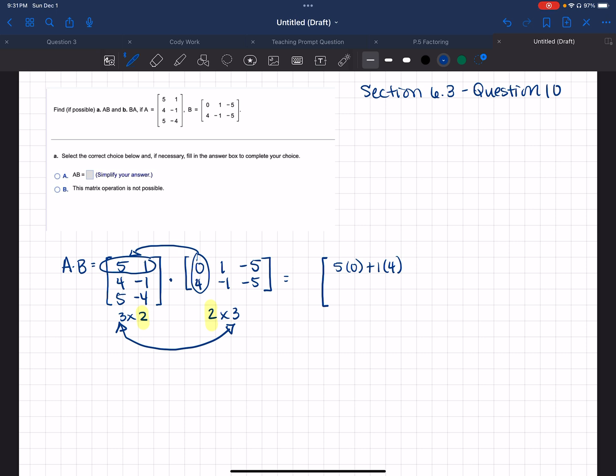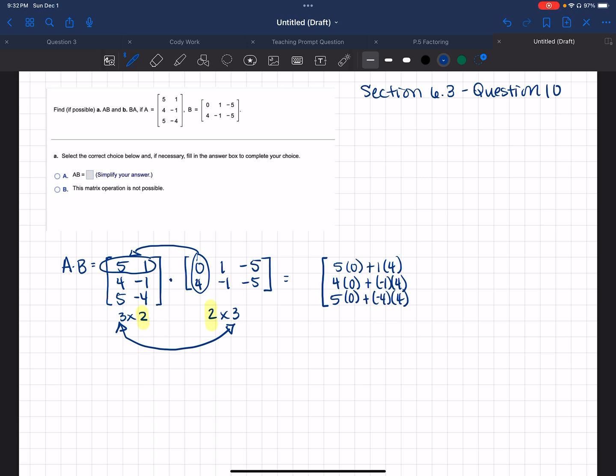That makes that first cell, first row, first column. To make the second one, I take the 4, negative 1 times the 0, 4. So I have 4 times 0 plus negative 1 times 4. Now the third one: 5 times 0 plus negative 4 times 4.